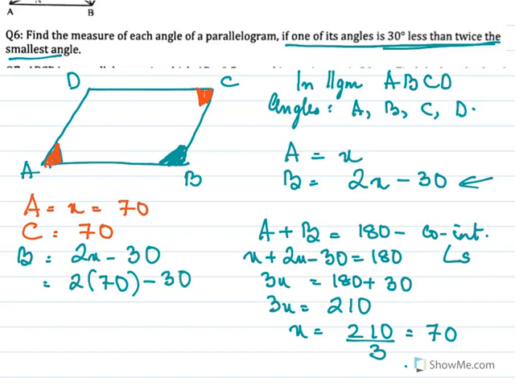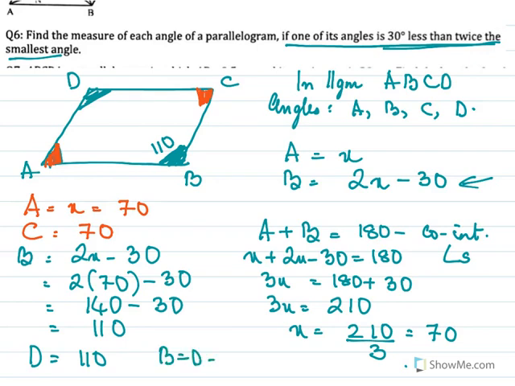X is 70, so 140 minus 30, which is 110. So this is 110. If B is 110, D also is 110. Because why is B equal to D? Opposite angles of a parallelogram are equal.